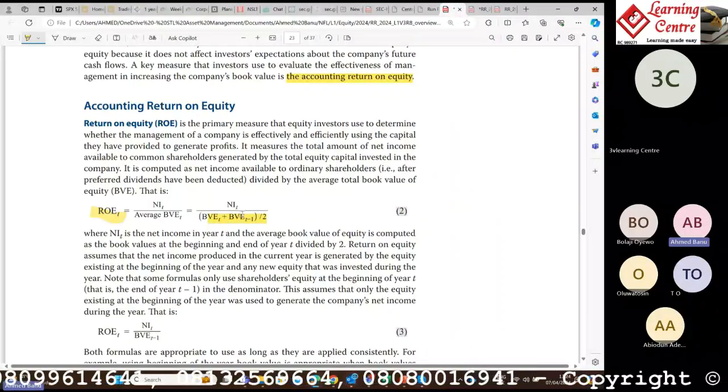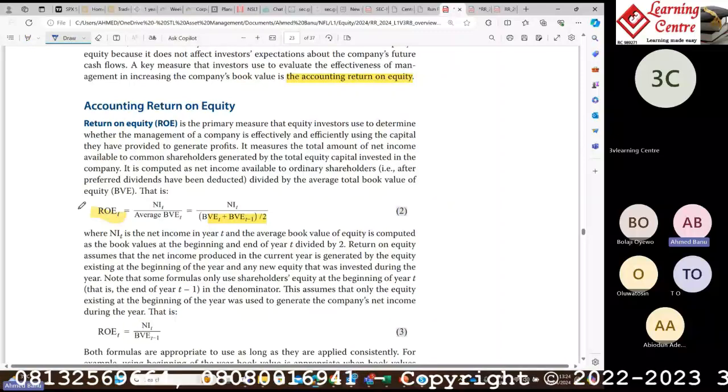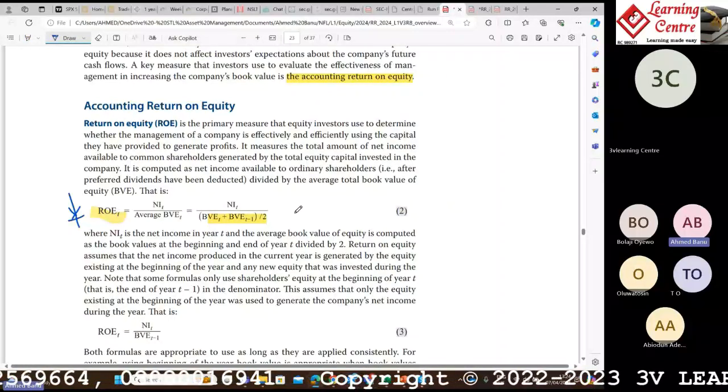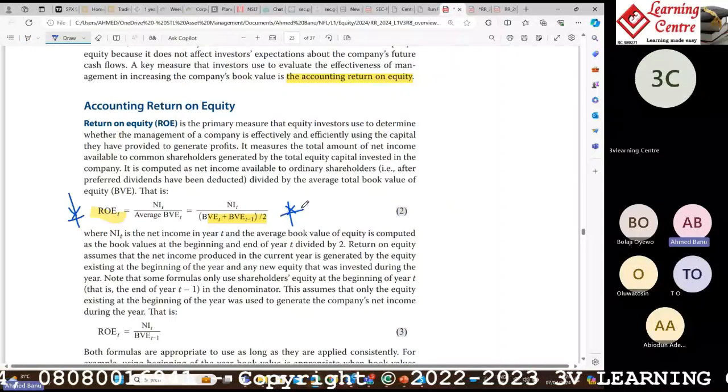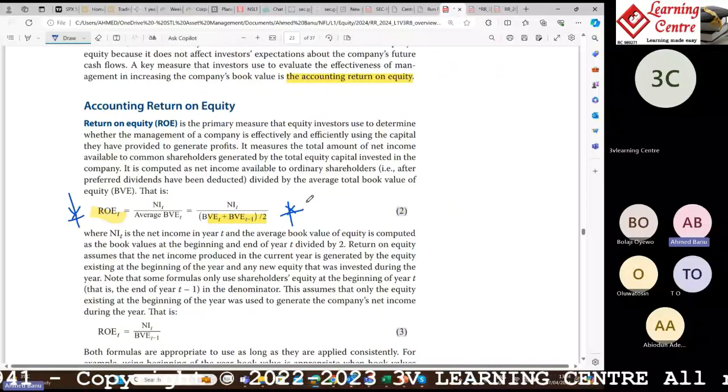Which is your net income divided by your average book value, where your average book value is equal to your beginning book value plus your ending book value, divided by 2.